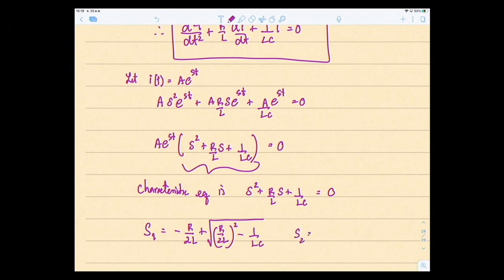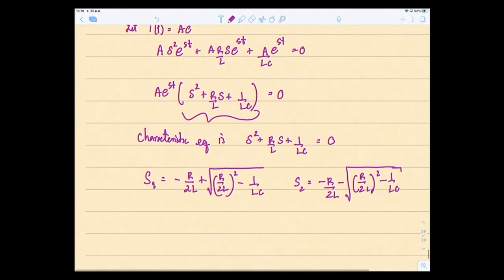And my S2 would be equal to minus R over 2L minus square root of (R over 2L) square minus 1 over LC. And again, if I let alpha equal to R over 2L, and omega naught, my resonant frequency, equal to 1 over square root of LC, my alpha is my damping ratio.